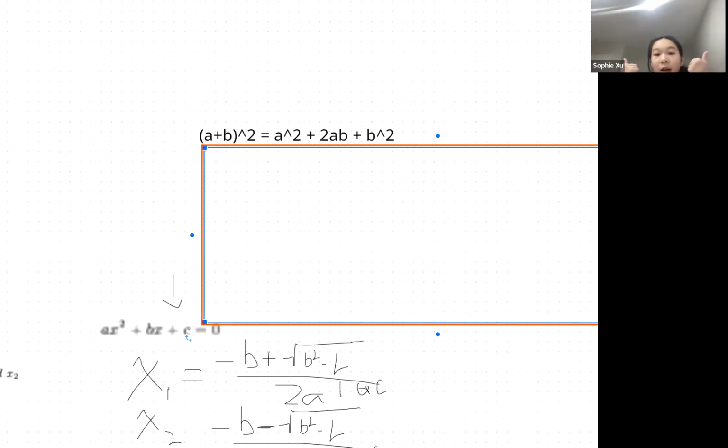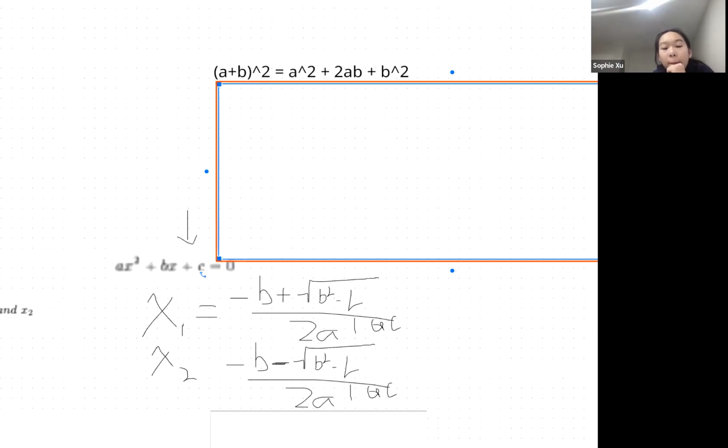Does that make sense? Since it's a plus minus, it's two solutions: one is negative b plus the square root of that, and the other is negative b minus that. Does that make sense? Thumbs up if yes. Yay.